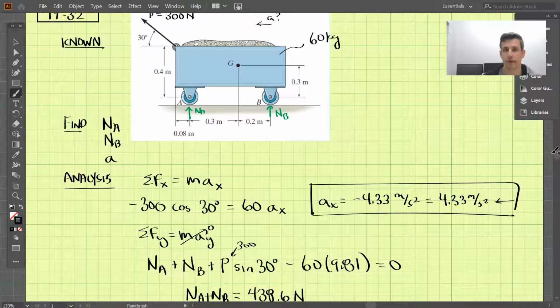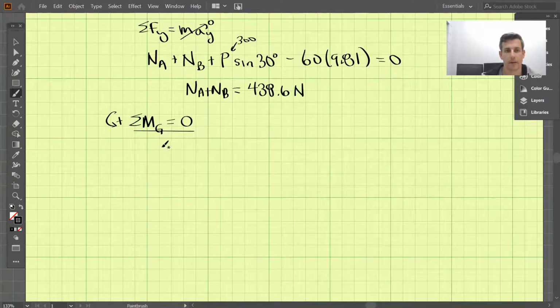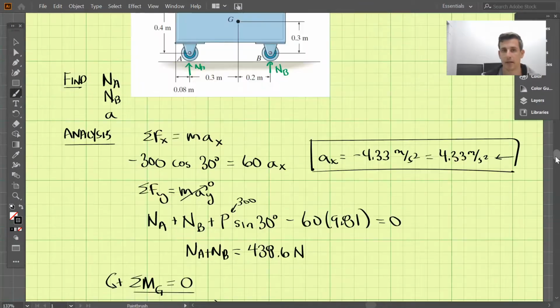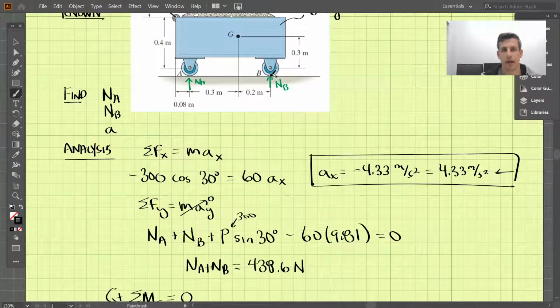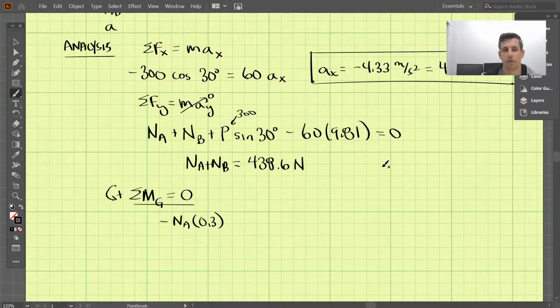So NA is going to create a clockwise moment, which is negative, and the distance it's acting away is 0.3. So we have negative NA times 0.3. Now NB is going to create a positive, counterclockwise moment around G, and that is 0.2 away.